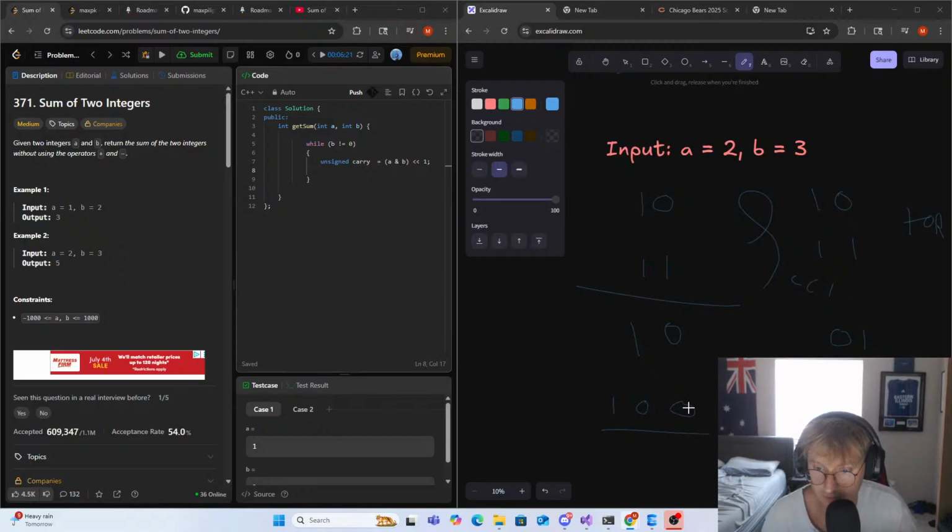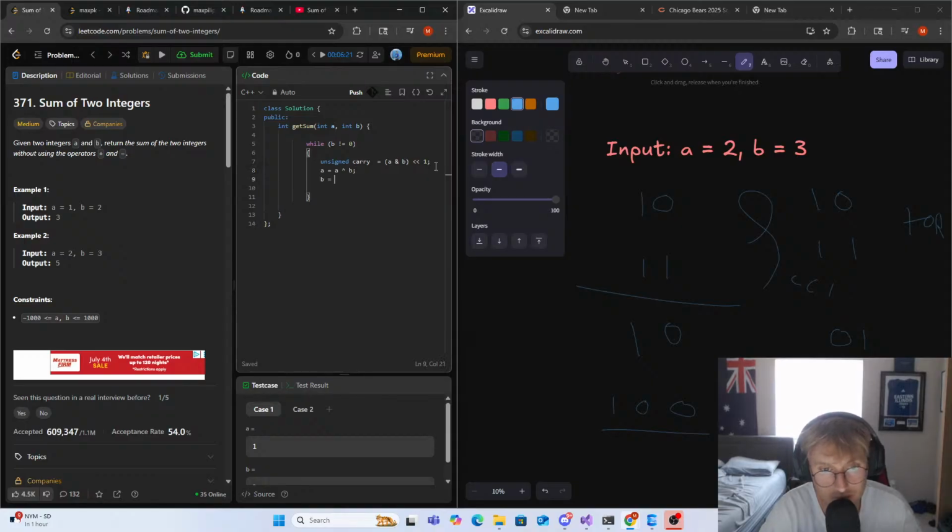So we're given this. We're given 0, 1, A and B, bit shift 1. Then we probably want to do A is equal to A XOR B. And then we need to work with B too.